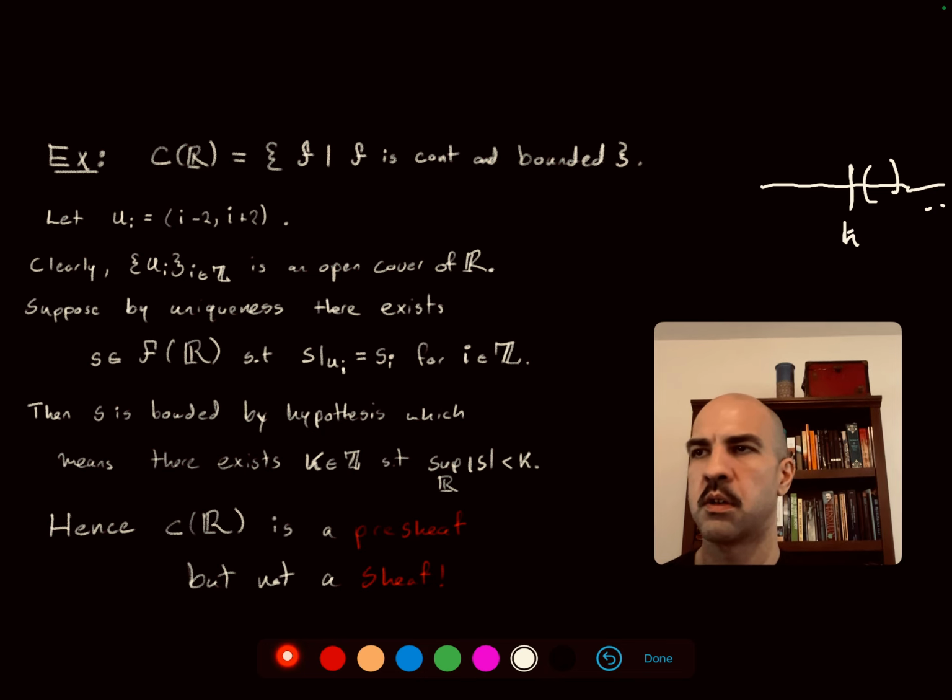But it has to be defined here and so on. And then this has to be a contradiction. It just can't be a sheaf. So we see that these functions are contained in the pre-sheaf, but we don't have enough functions to make it a sheaf, because the uniqueness property will break down.